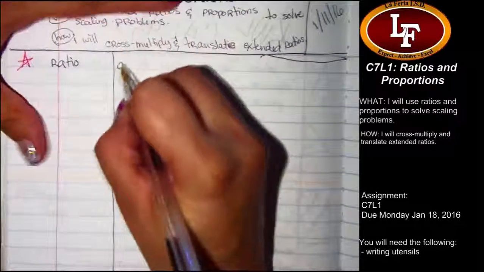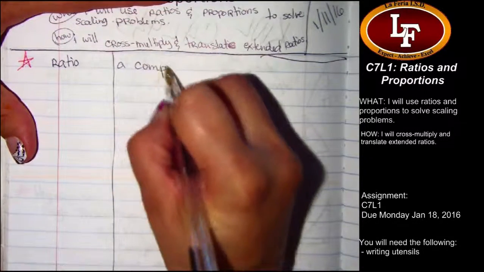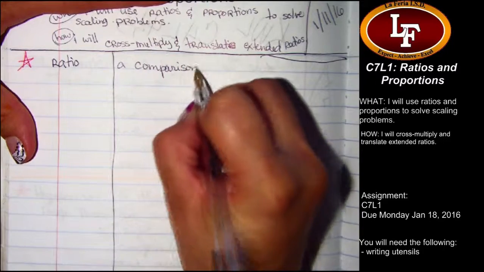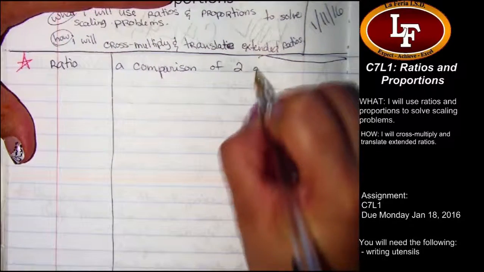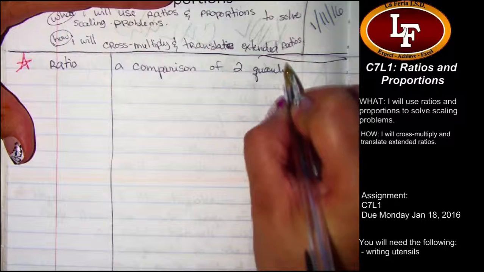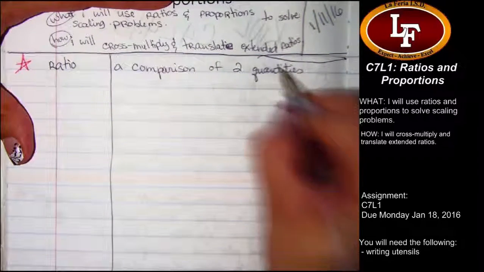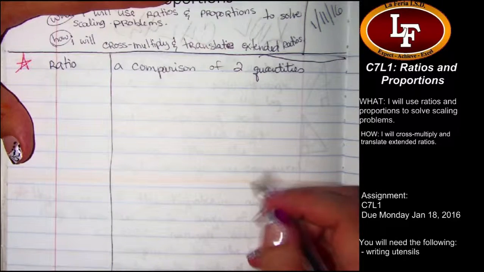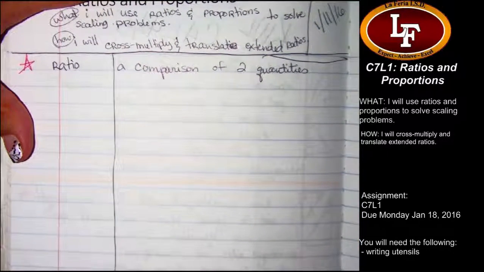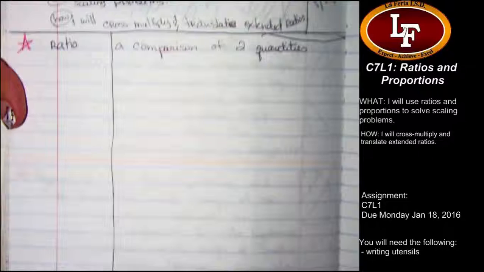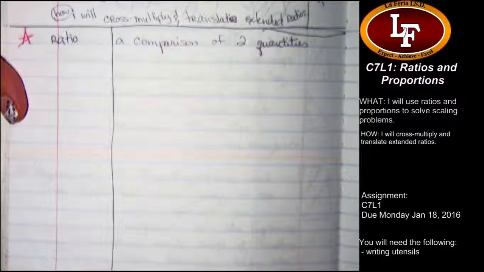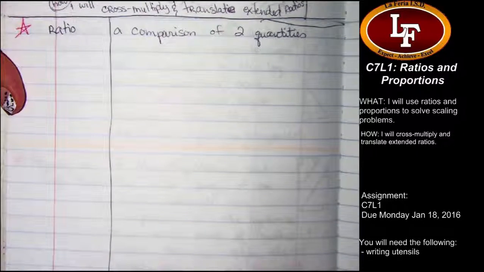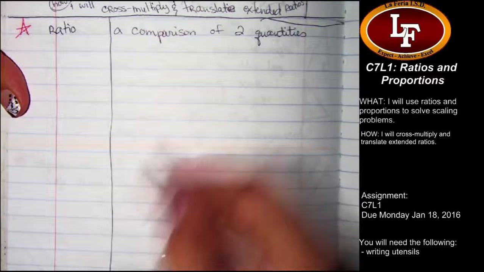A ratio is a comparison of two quantities. What's a quantity? A number, a value? Yeah, like an amount of something. The number of cows. Or two possibilities, yeah.